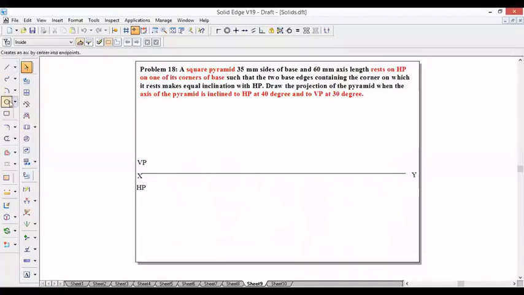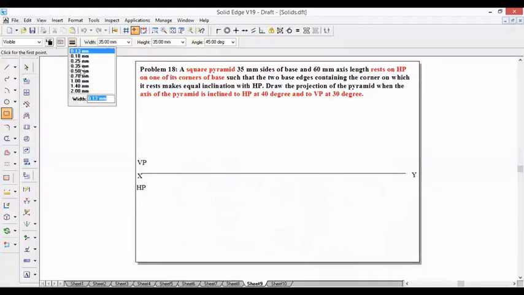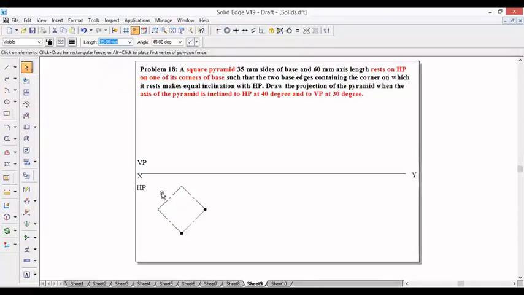So here the square pyramid of side 35 mm is going to rest on one of the corners of the base. So I need to take the corner condition of the square, and this should be a visible line and thick enough. Then join the opposite corners to find the slant edges.